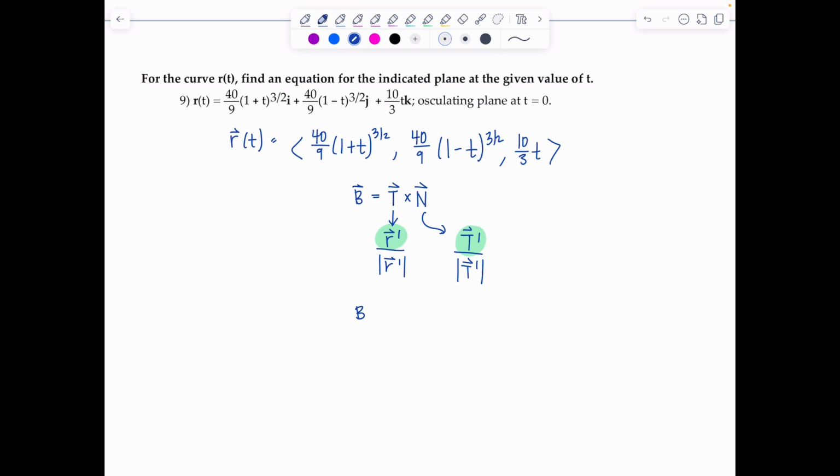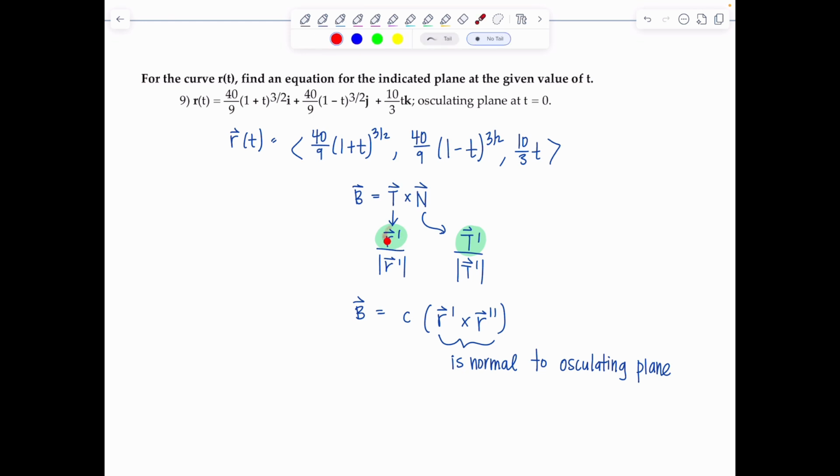So my binormal vector is equal to some scalar c times r prime crossed with r double prime. This vector right here is normal to the osculating plane. Therefore, it's good enough to use and a lot less stressful to find than the actual binormal vector.